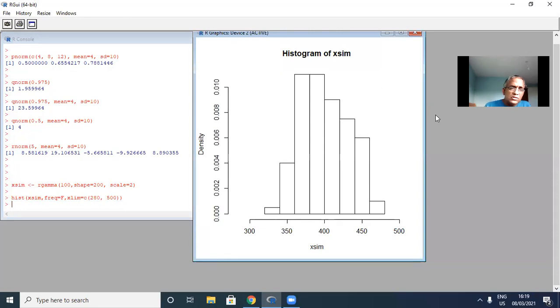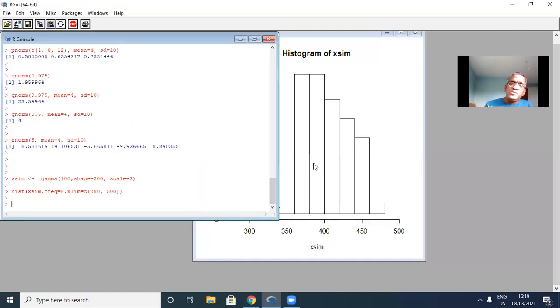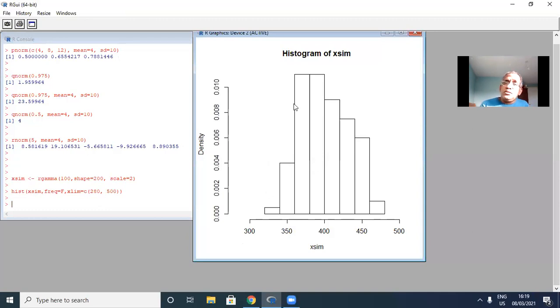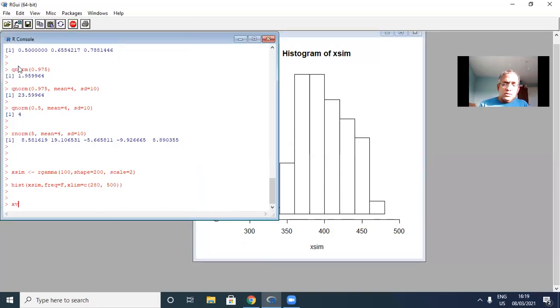So this is a histogram of the data that we just simulated. Now on top of this histogram, I'm going to plot the density of the gamma distribution. Let me show you how to do that. The first thing you need to do is define a sequence from 280 to 500 in steps of 0.5.